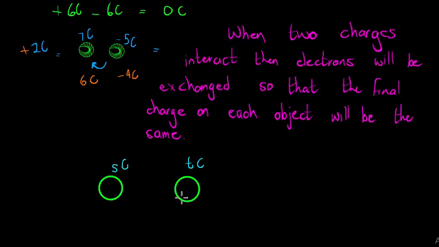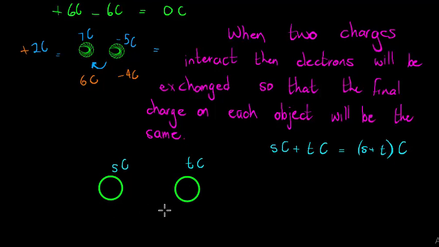Both of them will have the same charge. So what is the charge of the system? The charge of the whole system is the sum of the one plus the other one. In other words, S plus T coulombs.